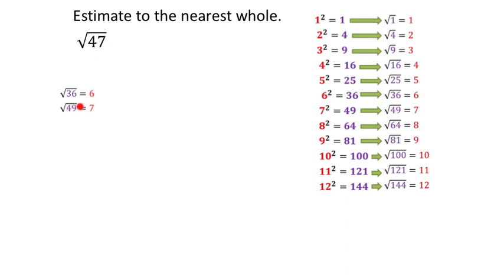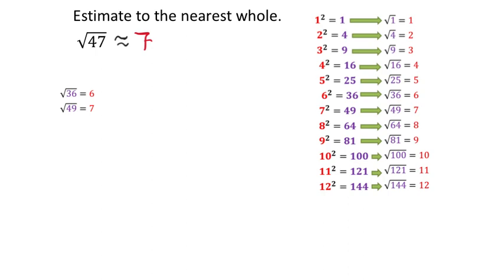Well, 47 is not really close to the middle of those. It's clearly closer to the square root of 49. So estimating to the nearest whole number, we'll put the estimation symbol there. It's about 7. Or at the very least, it's closer to 7 than 6 when it asks for specifically a whole value.